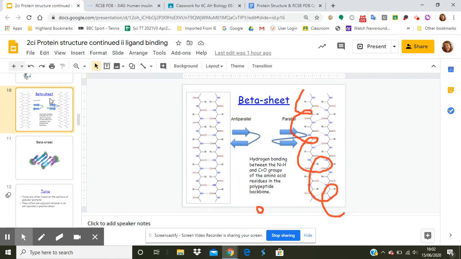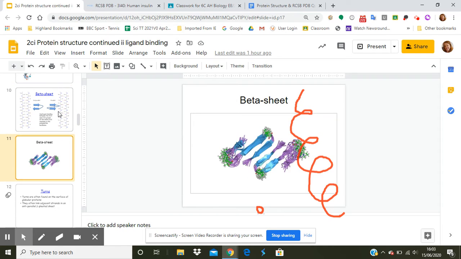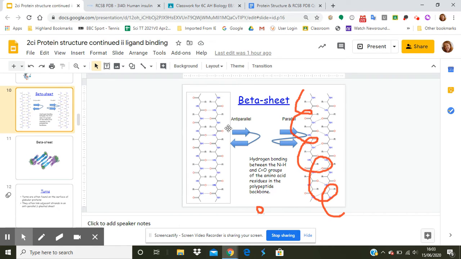So beta sheets, you've got two different kinds of beta sheets. Well, you've got your beta sheets here. So they've got antiparallel. So this is your polypeptide coming along here, amino acid sequence, turns, goes along the other way, and then it would turn and go along the other way.